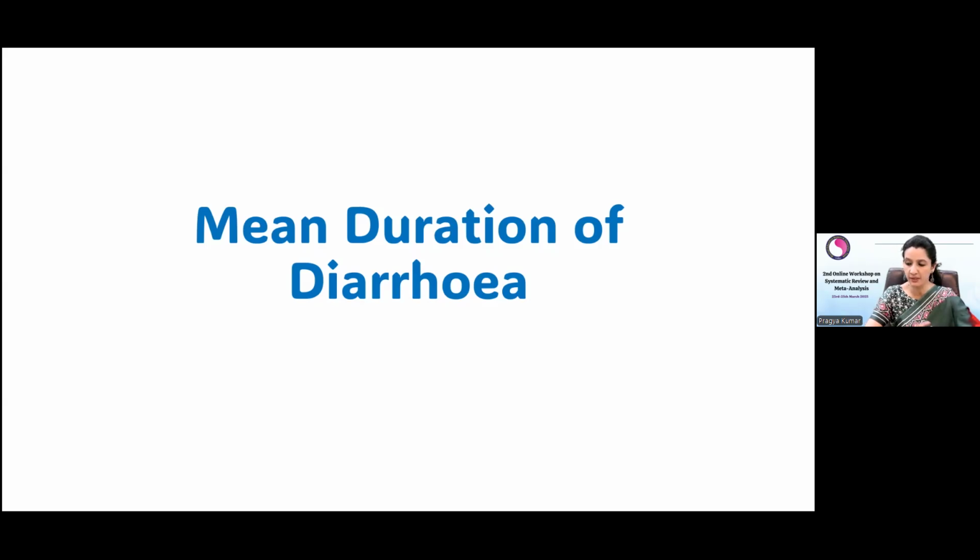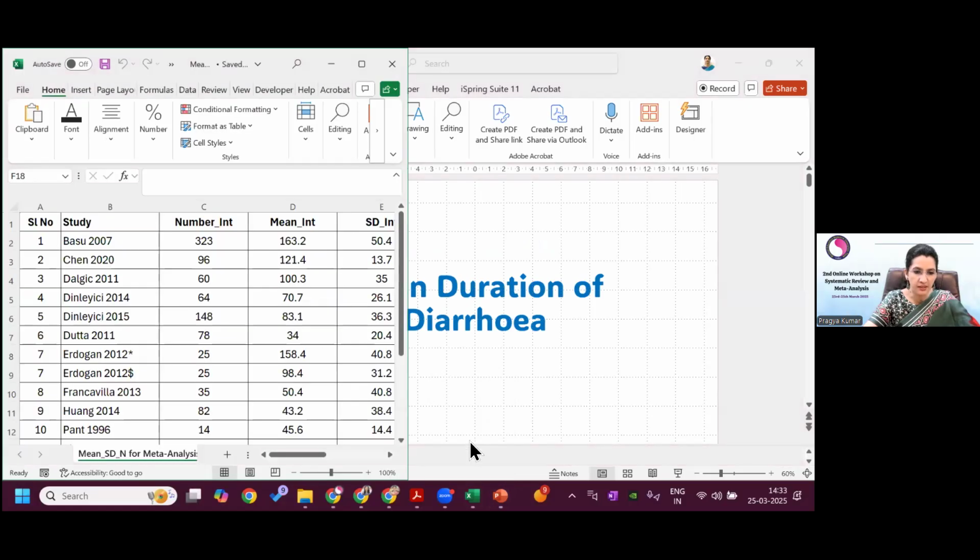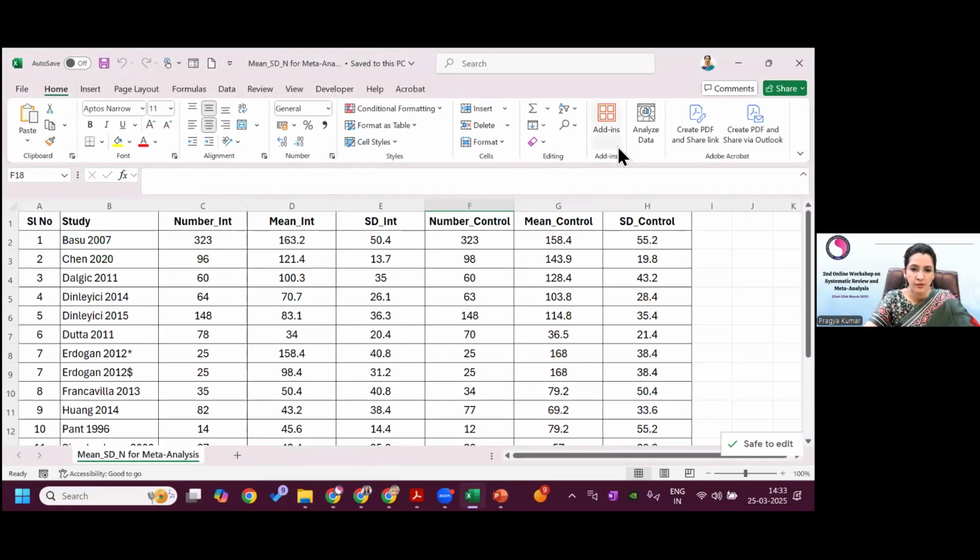This is my first outcome. So how have I entered the data? This is my Excel sheet. We have shared this Excel sheet, and I have made the columns like this.